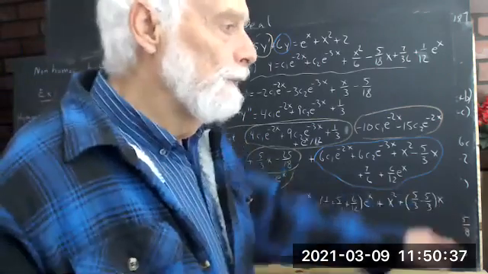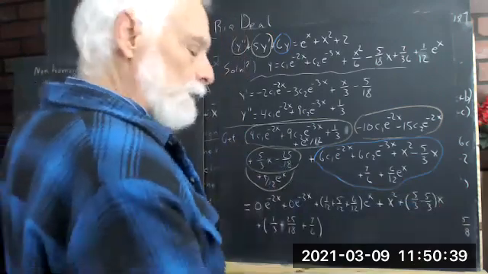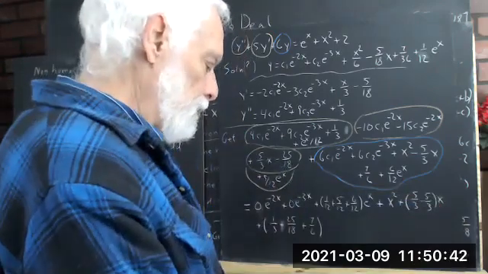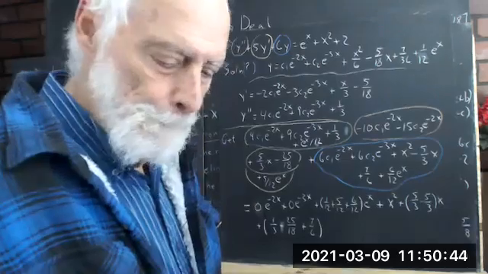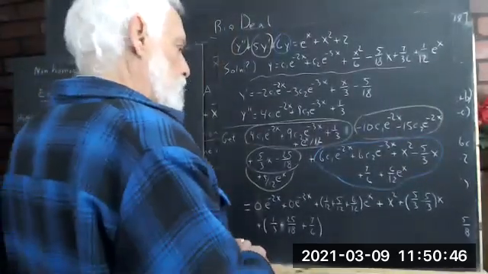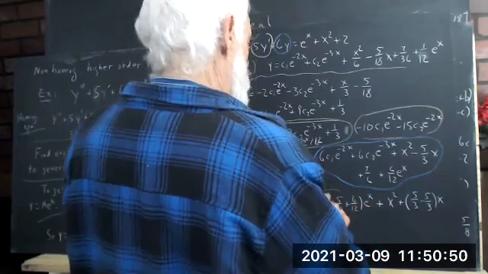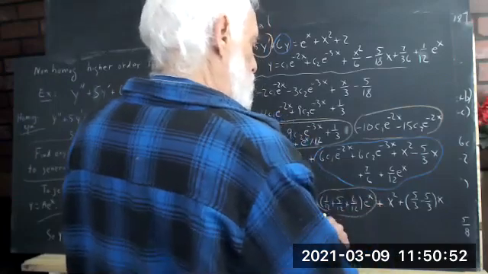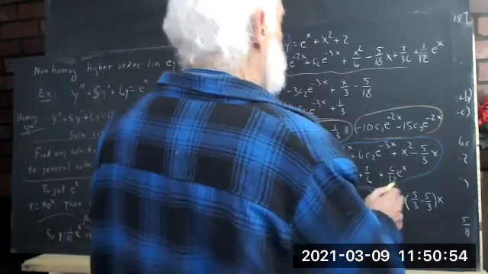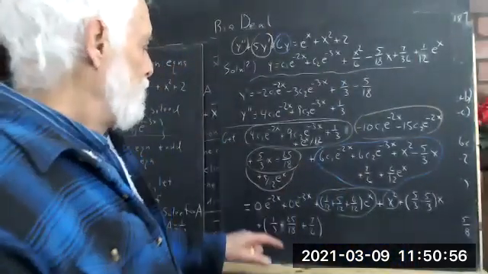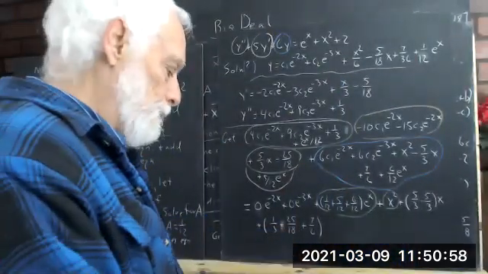Well, all this gives us exactly what we should. The only thing that doesn't give us 0 will be this, which is just an e to the x, and this, which is what it ought to be, and this, if it adds up to 0.